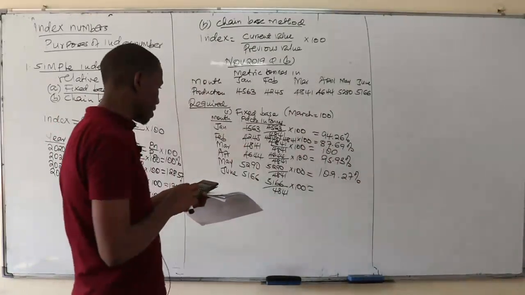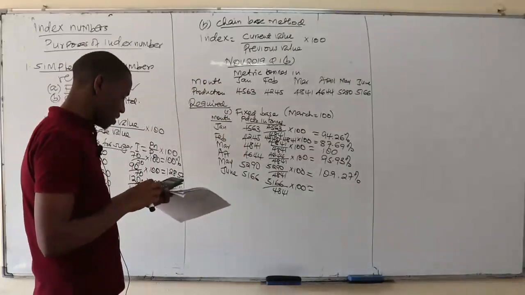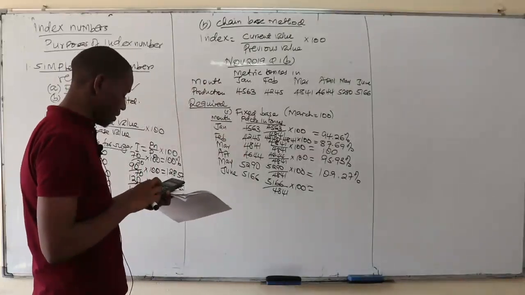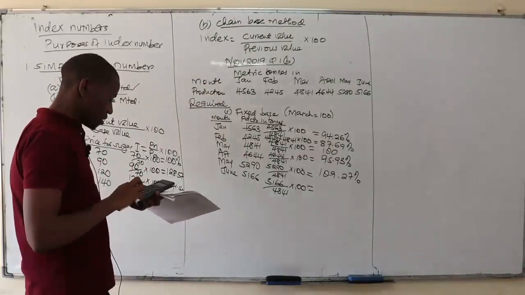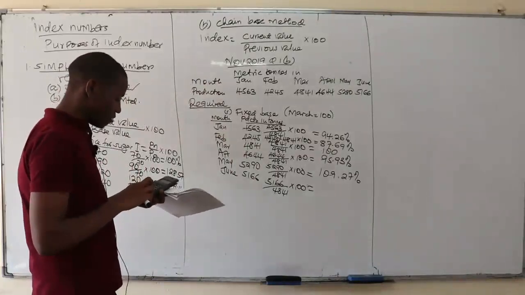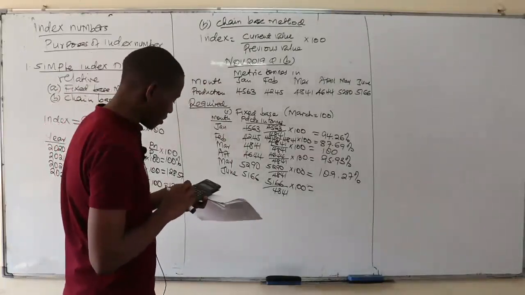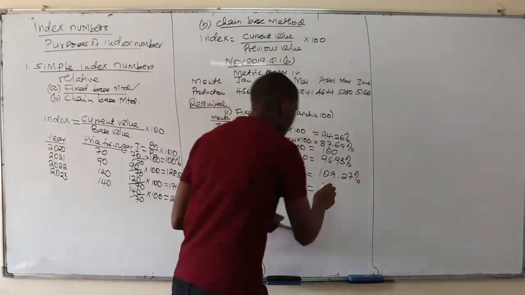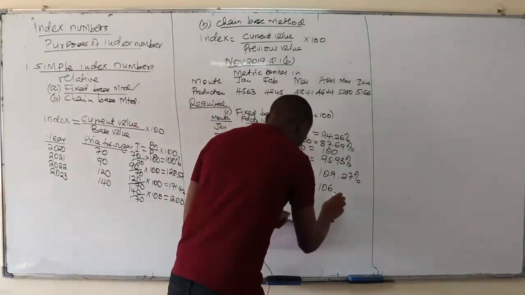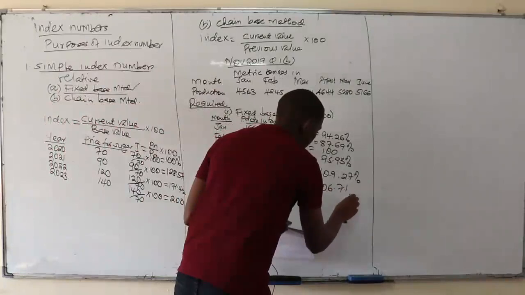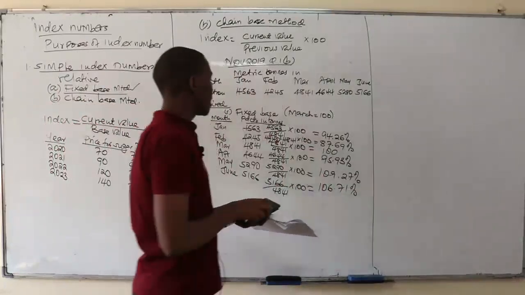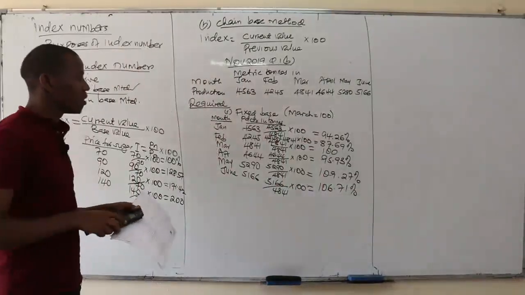And then the last one is 5166, divide by 4841, you multiply by 100, which in that case is 106.71%.